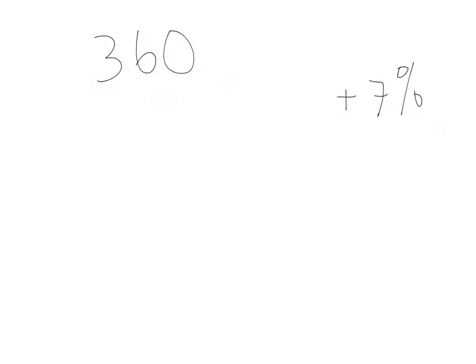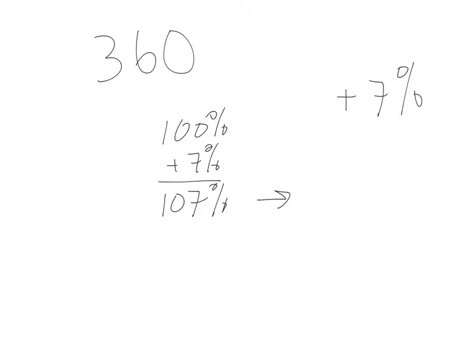We want all of that number, 100% of that number, plus an additional 7% of that number, meaning each year we want 107% of that number.